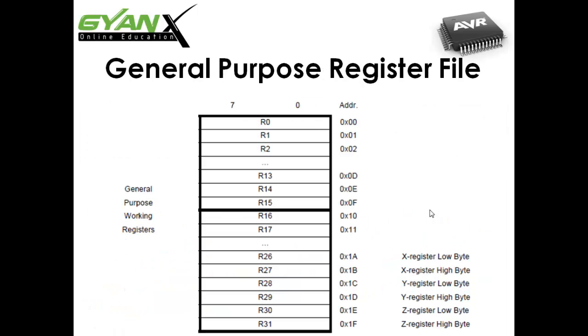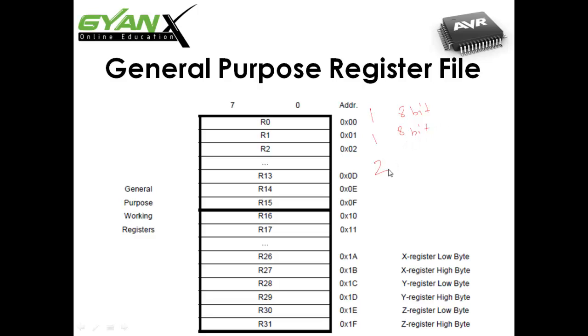Next is the general purpose register file. The register file is optimized for the AVR enhanced RISC instruction set. In order to achieve the required performance and flexibility, the following input and output schemes are supported by the register file. In this you have one 8-bit output operand and one 8-bit result input.